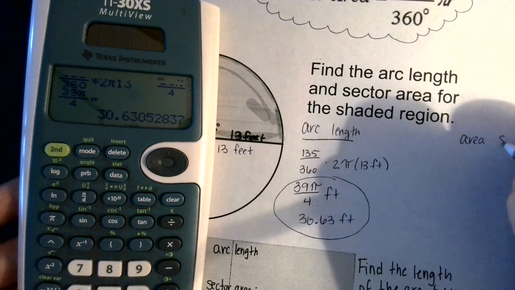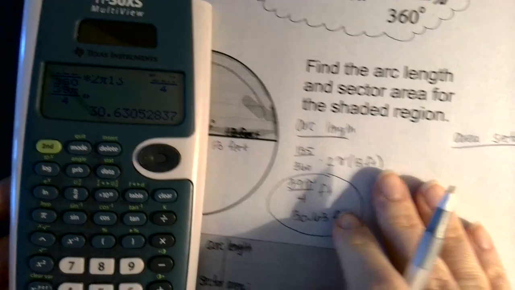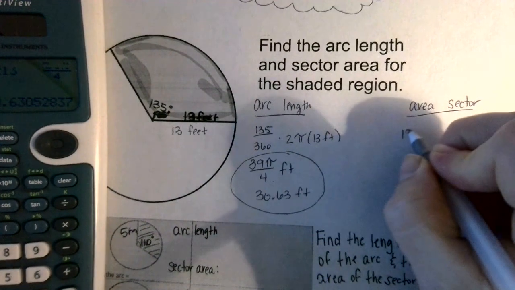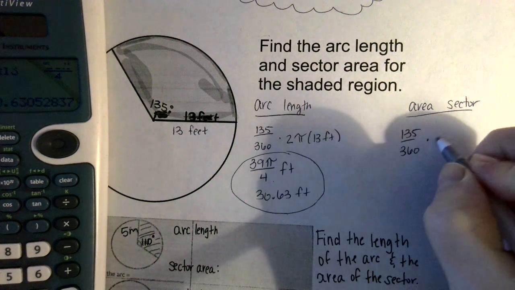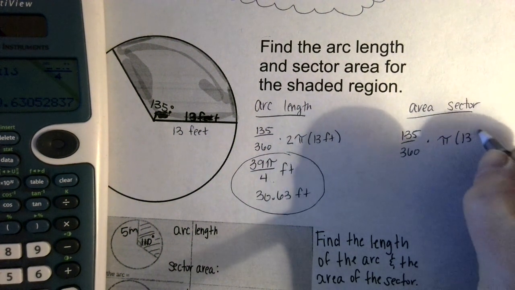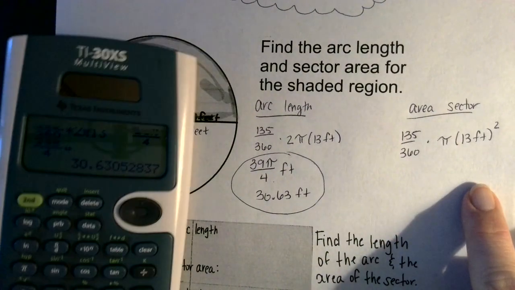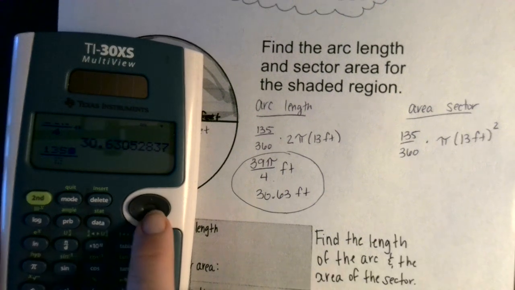For the area of the sector, my formula, we have 135 over 360, my theta over 360, and then I use the area formula. That's pi times 13 feet squared. I can type it in just like this without the feet.